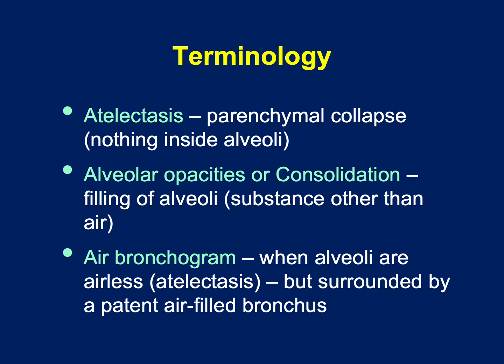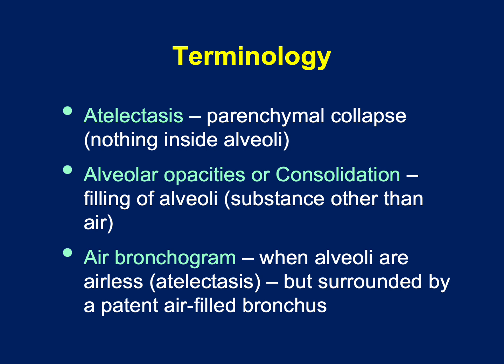Atelectasis means collapse of the alveoli or the parenchyma, which means there's nothing inside the alveolus. So it will not appear black, and it appears white because there's nothing inside it and multiple different alveoli have collapsed next to each other. Alveolar opacities or consolidation, like we just talked about, is filling of alveoli with substance other than air, which gives it the whitish appearance.